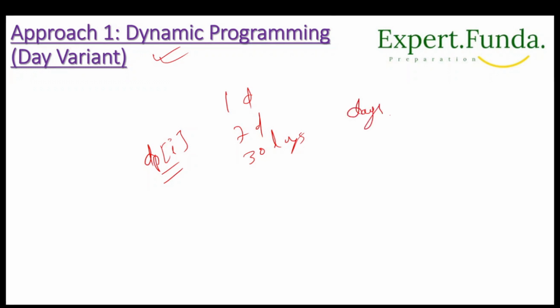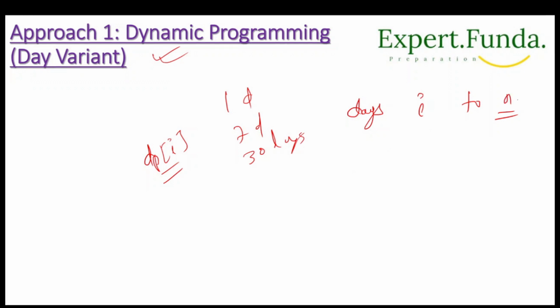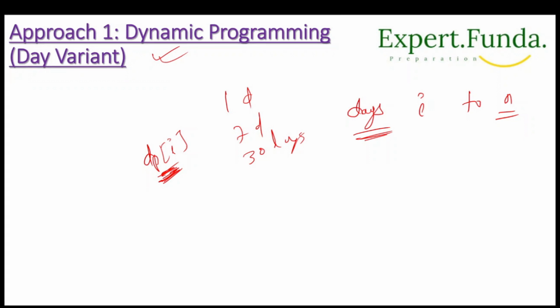There will be some days from i, and it will go to some value that we have already seen, right? Let's say this is an n-day plan. So dp at i means there will be some value, and it is actually a cost, right?